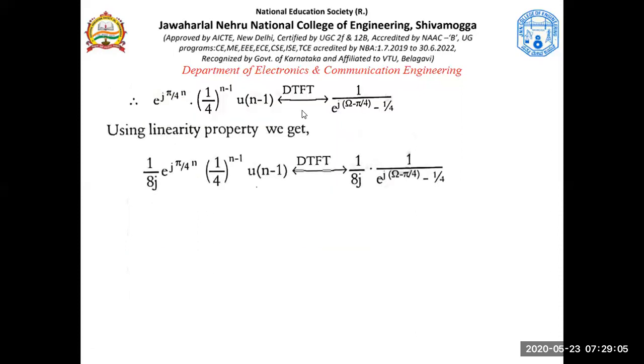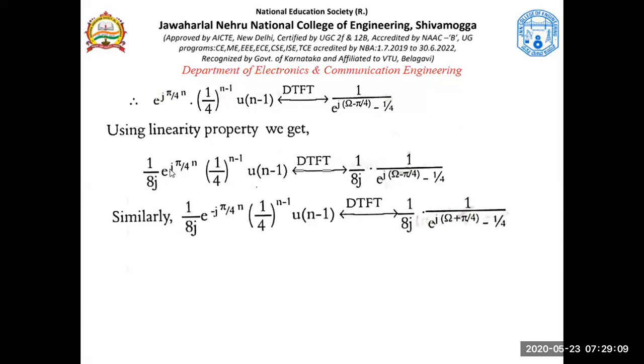This is for the first term, and this is for the second term. See here, if you have plus pi by 4, you have minus pi by 4 in frequency. You have minus pi by 4 here, so you'll have plus pi by 4 in the frequency. So these two terms you obtained.